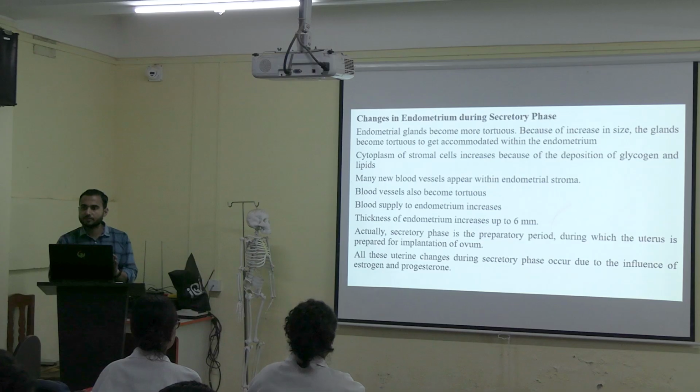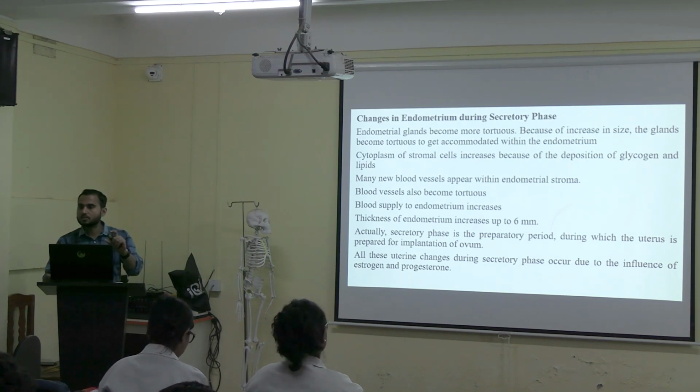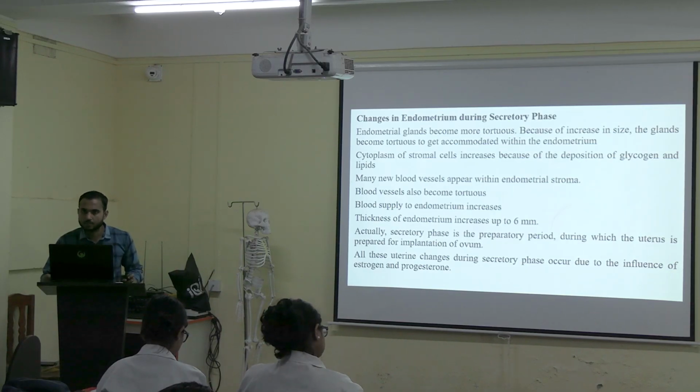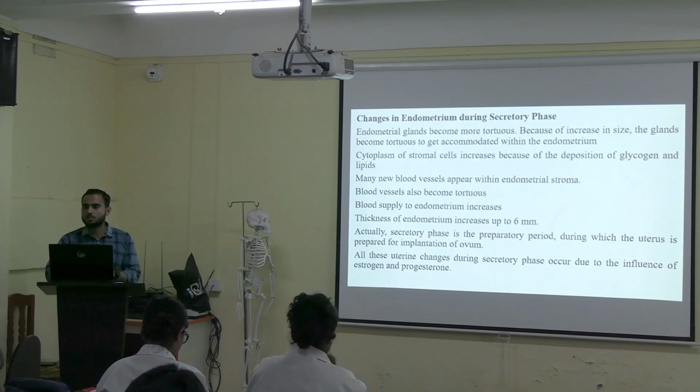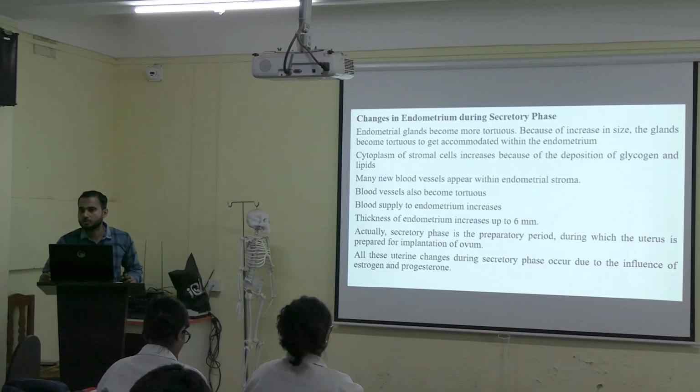In brief, the changes taking place in these two phases are, first of all, blood supply will increase, the thickness of the stroma will increase, and the size of the gland will increase and become tortuous. Blood vessels will also become tortuous. Glands will get filled with lipid and glycogen.